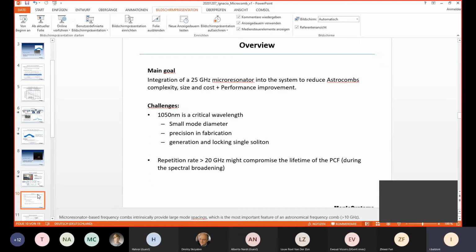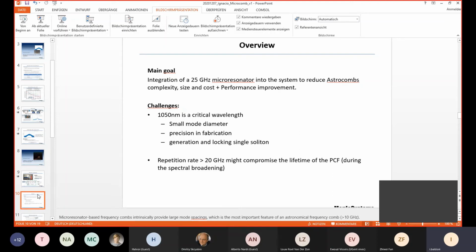We have some challenges, obviously, which is that we are going to start working at 1050 nanometers, a critical wavelength. It's not the usual 1550 nanometers for microresonators, and this wavelength has a small mode diameter, which can create many issues with fabrication precision, and also with generating and locking the single soliton, which is very important for us to accomplish.